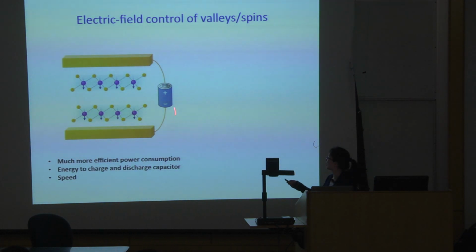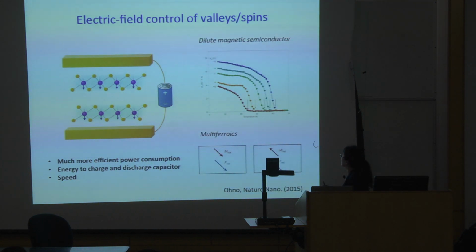So let's say you have some active medium sitting in the middle, and you just want to have a capacitor, and by turning it on and off, you want to switch the magnetization. This is what we'd like to have. And this is not a new idea, and it has been exploited using dilute magnetic semiconductors and ferroelectrics, the oxide materials.